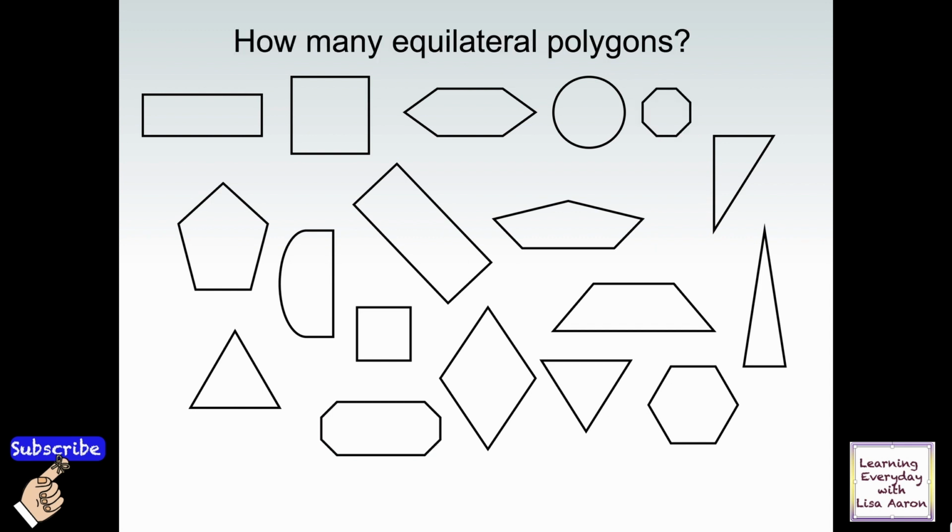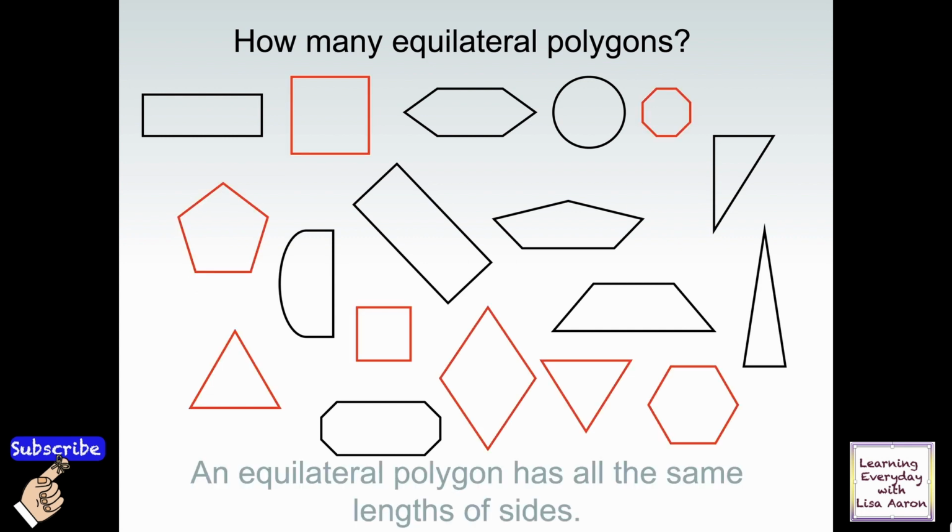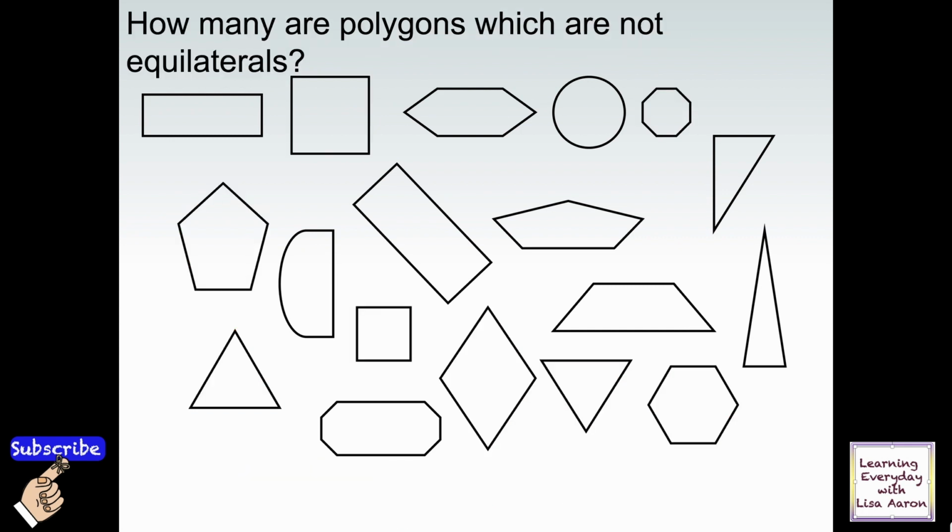How many equilateral polygons? Equilateral. An equilateral polygon has all the same lengths of sides. How many polygons which are not equilaterals?